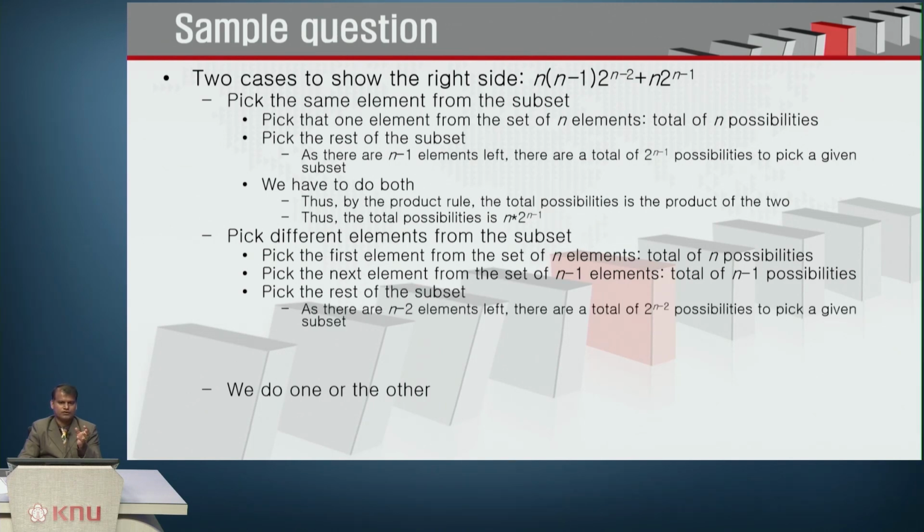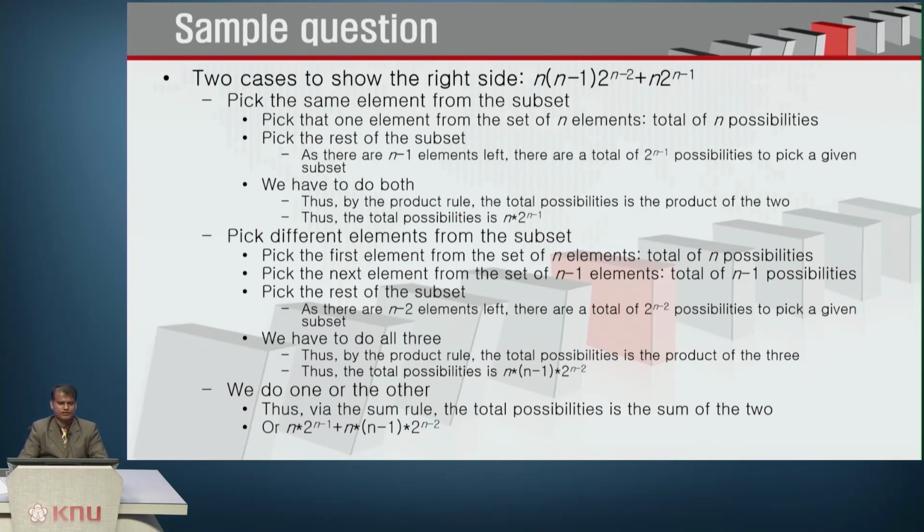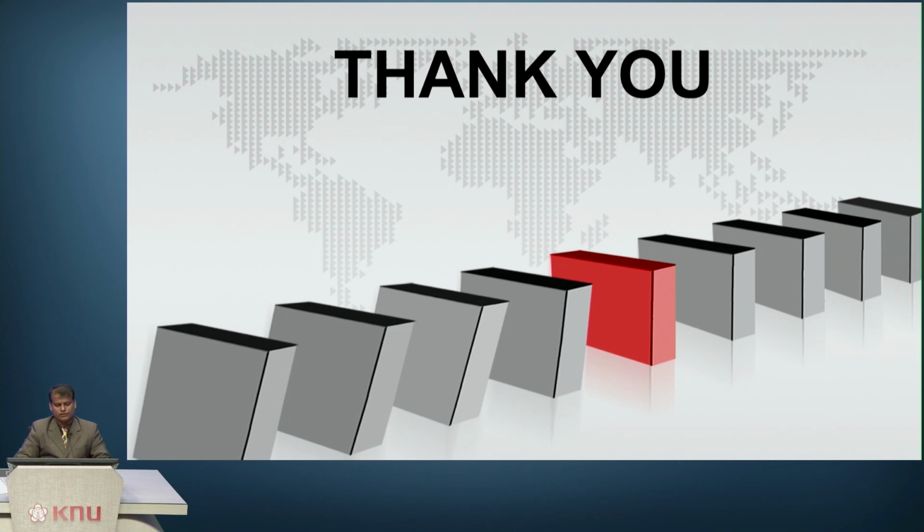The rest you can handle using the subset formula and the product rule. Once we do one or the other, we can use the sum rule to get the total possibilities of the two cases.